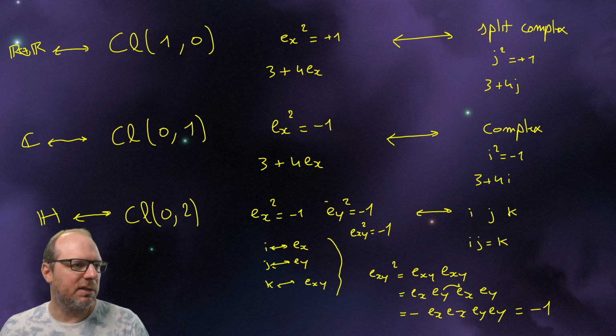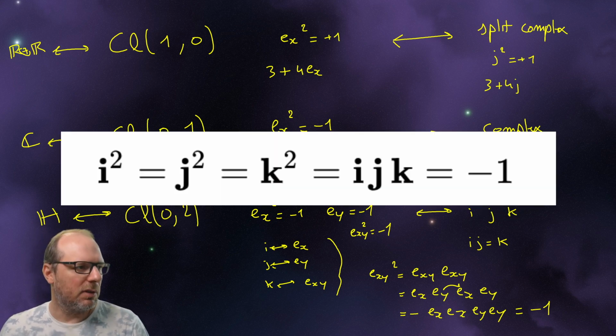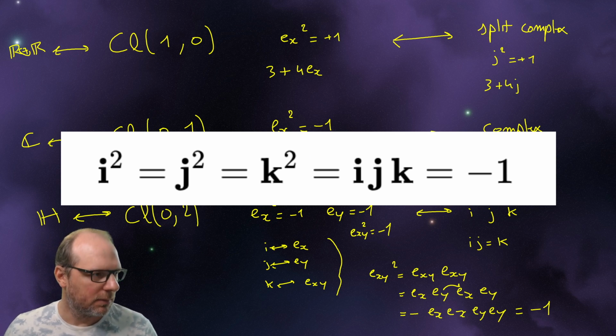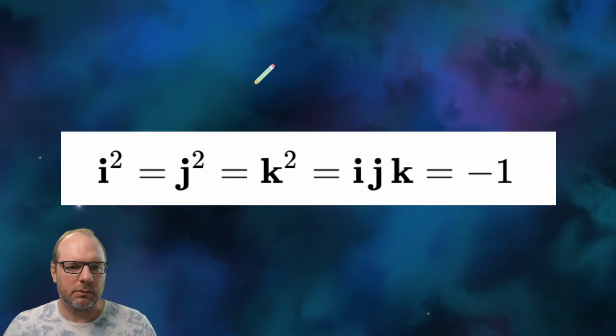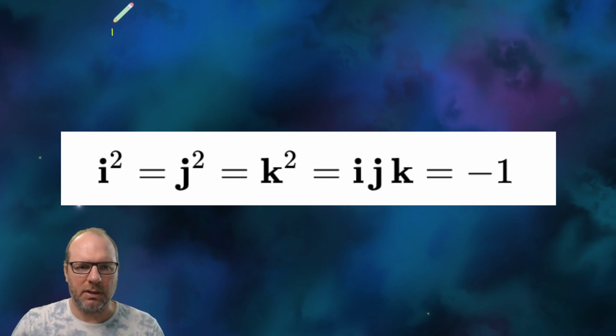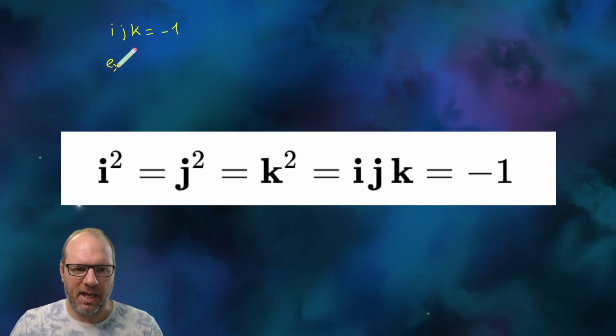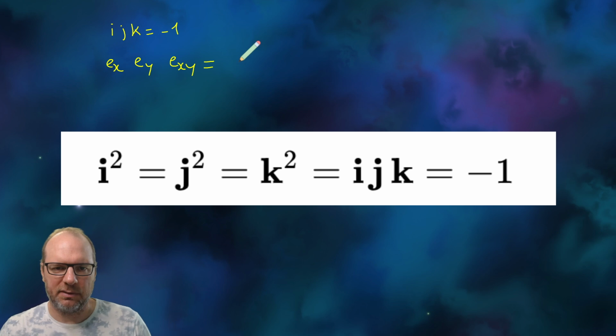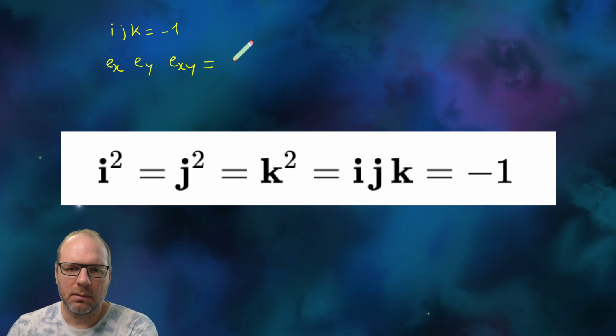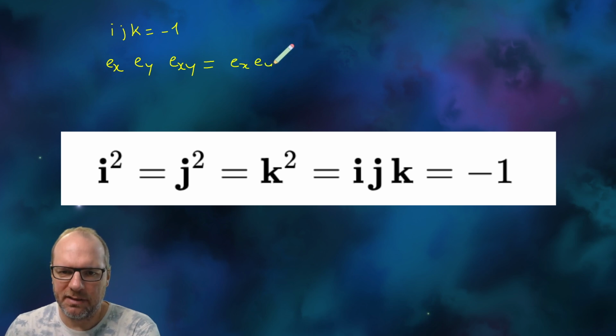And if we look at the rules of quaternions, we can check this rule. i is e sub x, j is e sub y, and k is e sub xy. What does it result? We have e sub x, e sub y, e sub x, e sub y.